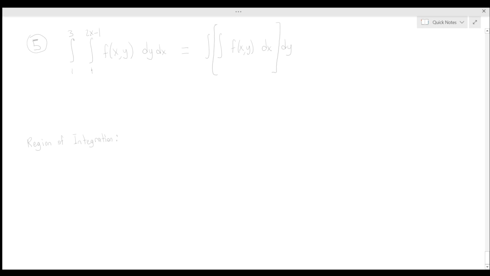Okay. So for this problem, the bounds on x on the outside were 1 and 3. And then the bounds on y on the inside, 1 and 2x minus 1.